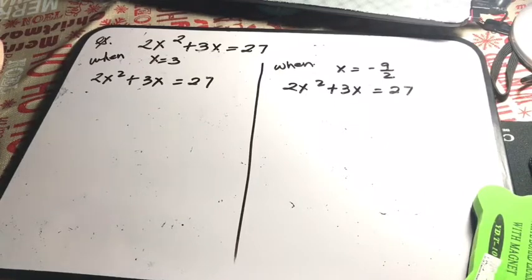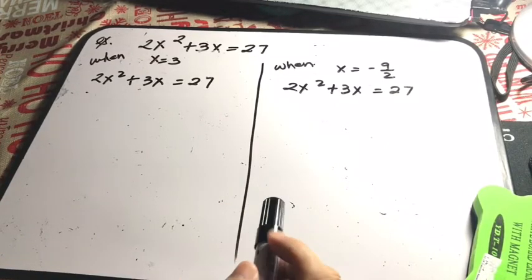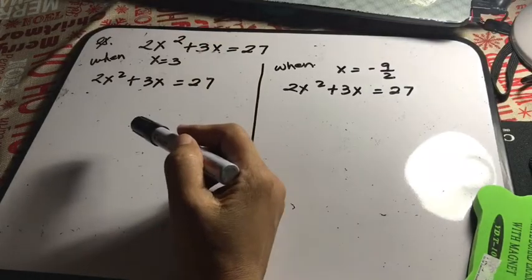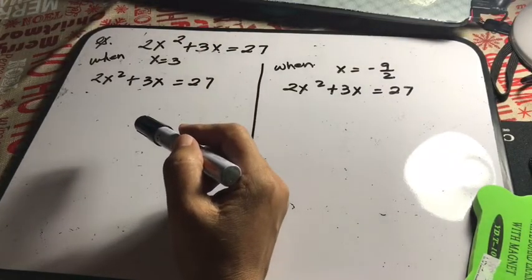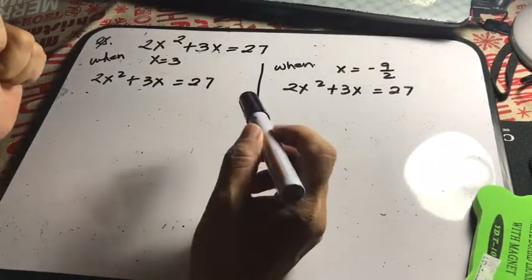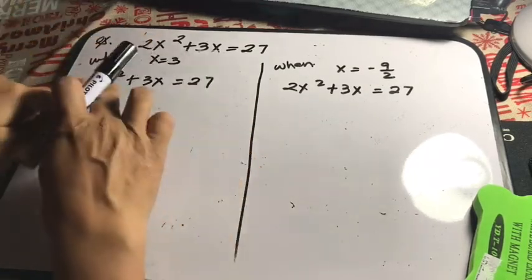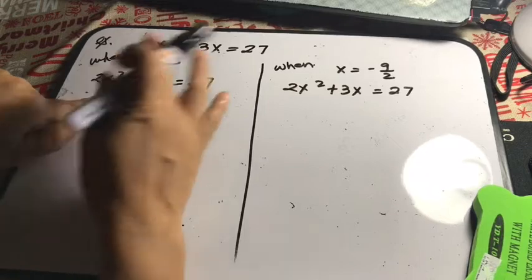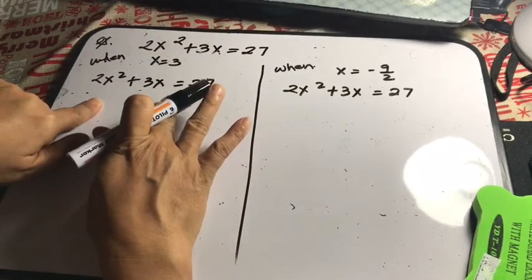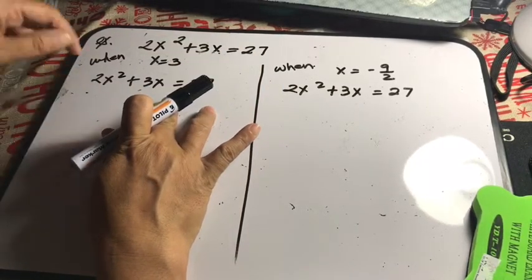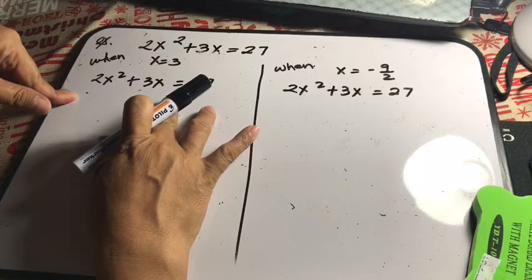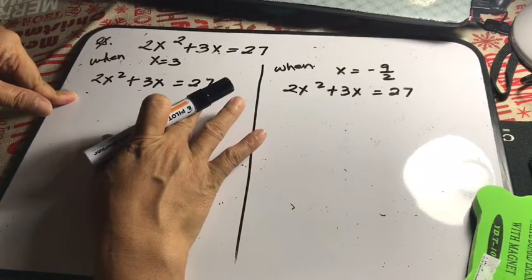After obtaining the solutions, x equals 3 and x equals negative 9 over 2, we're going to check if the solutions are correct. When x is equal to 3, we will substitute that again, checking with the original equation, 2x squared plus 3x equals 27.